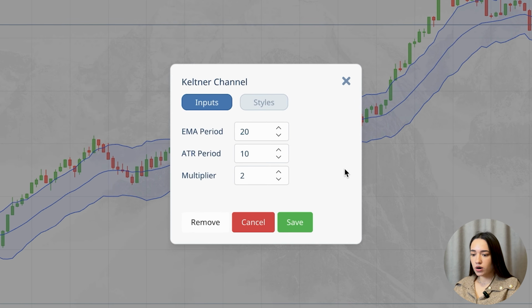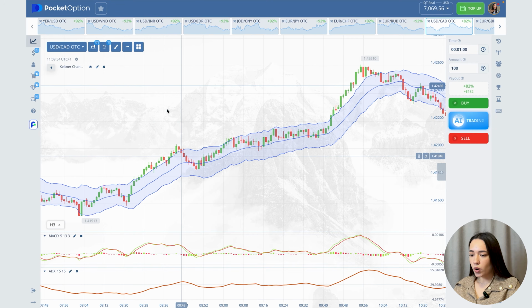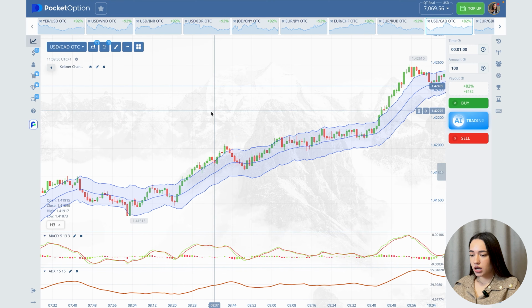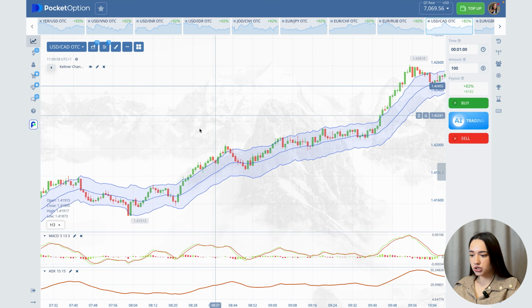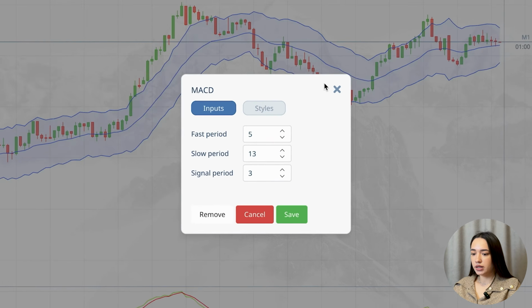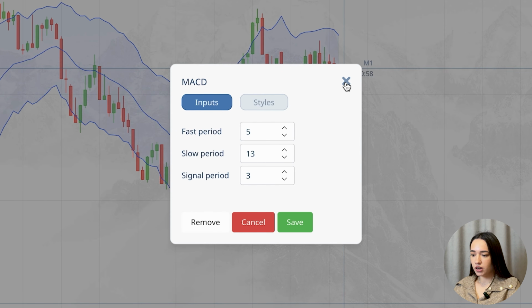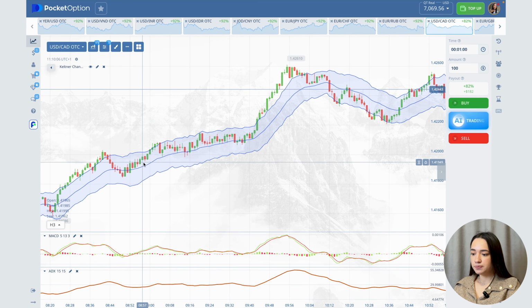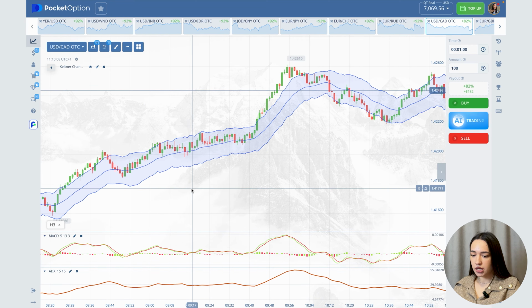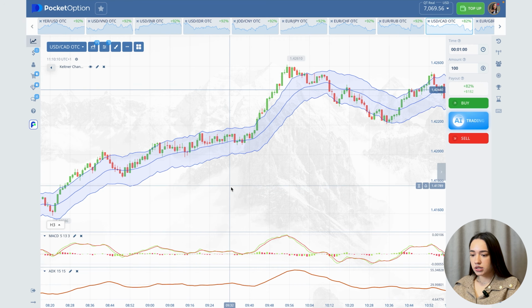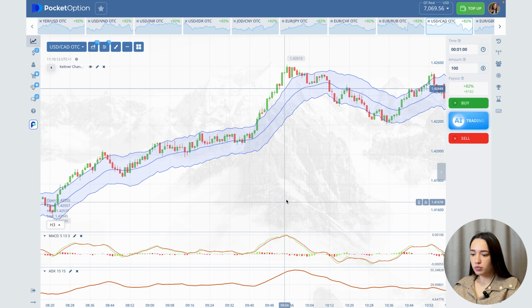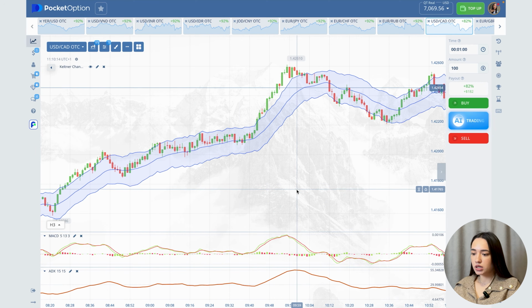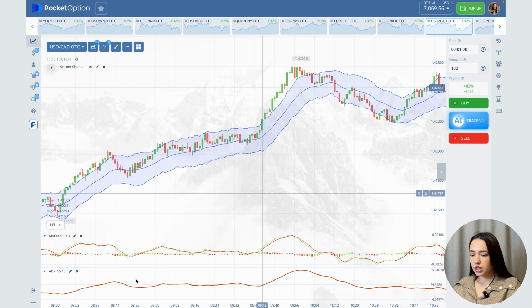The first indicator is a Keltner channel, where we set the multiplier to 2 in order to capture a wide price range. And for signal confirmation, we'll use the MACD oscillator with the following settings, to monitor the general trend dynamics and spot overbought or oversold areas within the trend.